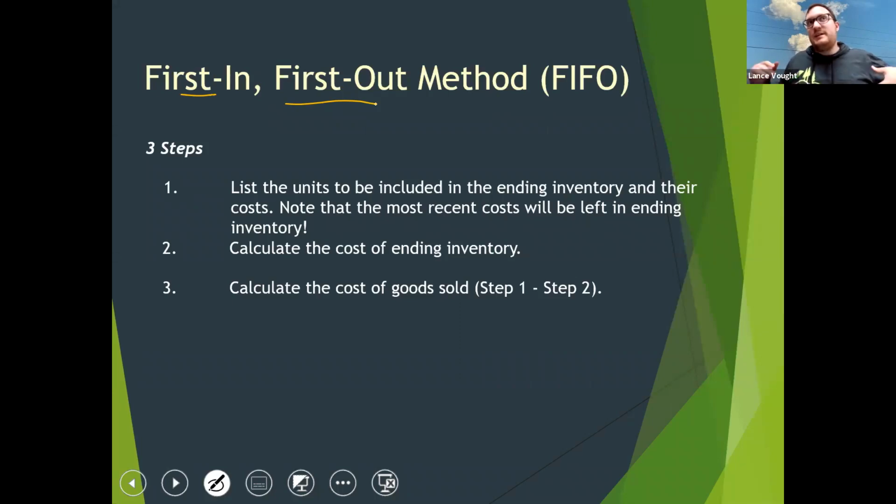So instead of taking an average, what you can do is say, okay, well, we presumably sell the ones that are the oldest first, and then we sell the ones that are the newest last.